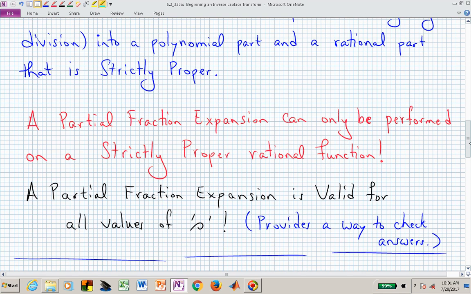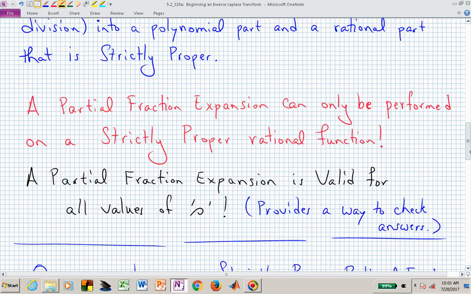We can use that second fact, that the partial fraction expansion is valid for all values of s, and that could be s approaching infinity. Then we can use that as a check on our work, and sometimes knowing this helps to find these residues, or these partial fraction expansion coefficients.